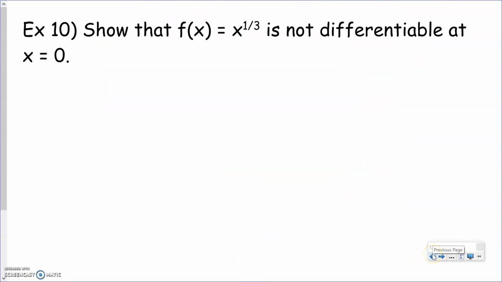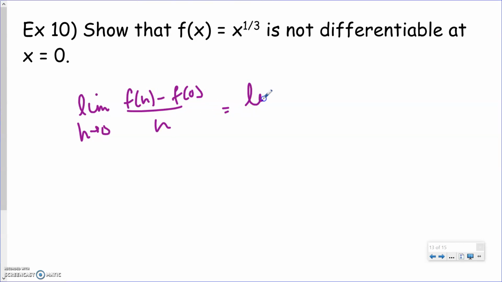And then the last one, show that f of x equals x to the 1/3 is not differentiable at 0. We're going to do the limit as h approaches 0 of f of h minus f of 0 over h. So we have h to the 1/3 minus 0 over h.